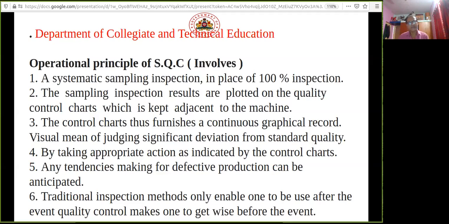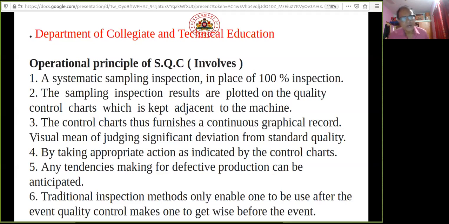It means that we are not concentrating on the normal inspection, that is nothing but the 100% inspection. Basically, SQC is employed in mass production, in repetitive production, as well as in batch by batch production. Because of these types of production, we are using systematic sampling inspection in place of the 100% inspection or the normal inspection.